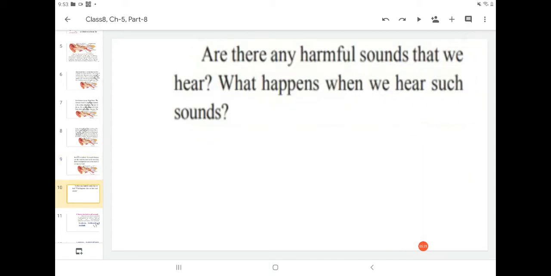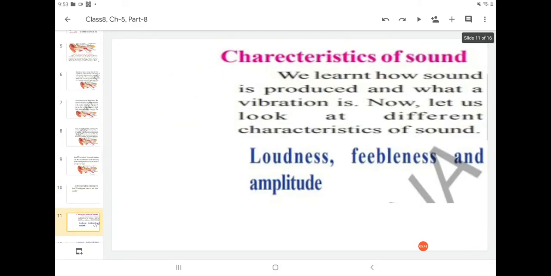So here, are there any harmful sounds that we hear? What happens when we hear such sounds? Now, characteristics of sound. We learned how sound is produced and what a vibration is.